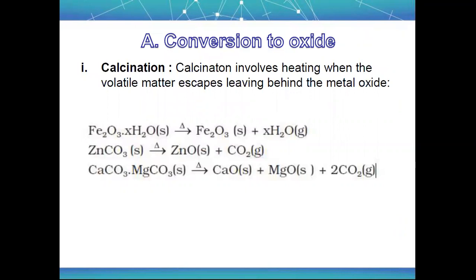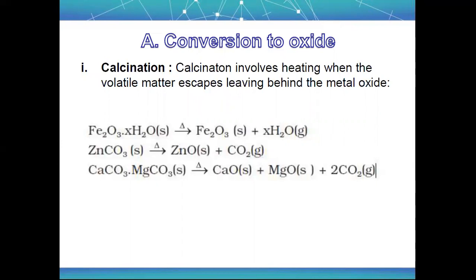Number one is calcination. Calcination involves heating, when the volatile matter escapes, leaving behind the metal oxide. So what happened? We know that each and every substance has a specific melting point and specific boiling point.